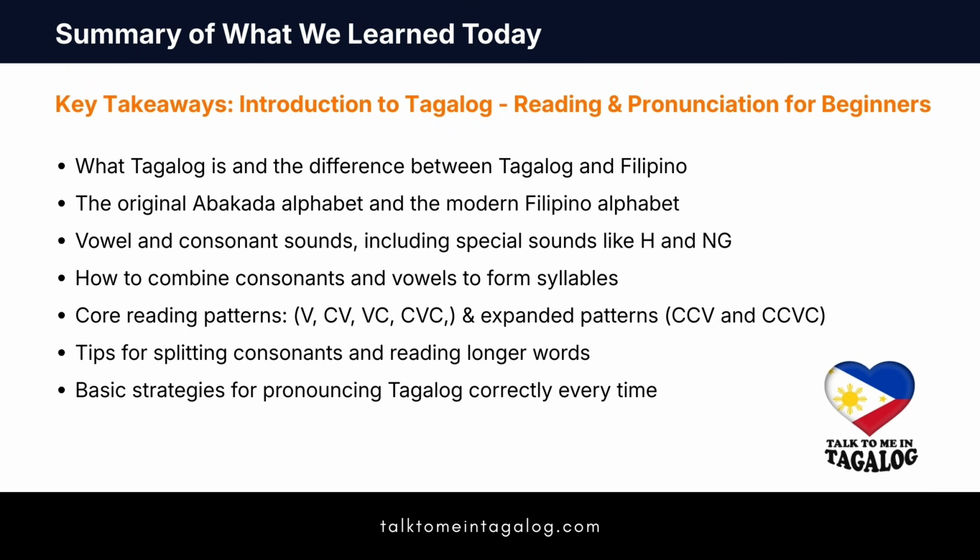By practicing these building blocks, you now have the tools to read and pronounce Tagalog words confidently. This is the foundation you'll build on throughout the rest of the series.